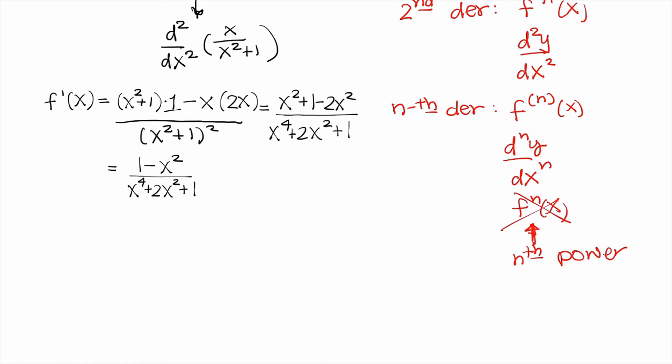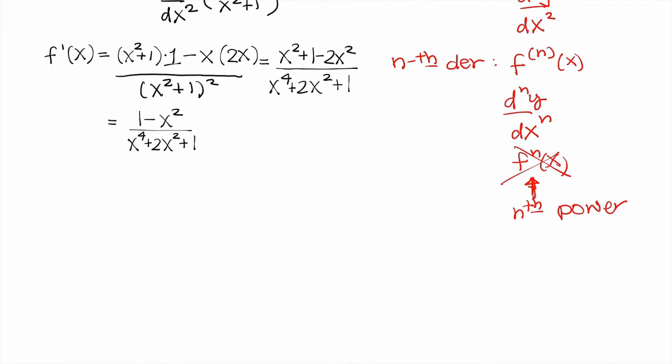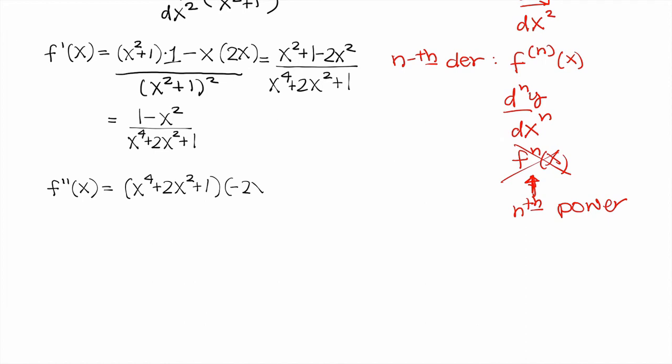And now I want to do the second derivative. The second derivative is the derivative of the derivative. So I have to take this function now and do the derivative of that. So it's going to be the quotient rule again: the bottom times the derivative of the top, which is negative 2x. Again, the derivative of 1 is 0. The derivative of x squared is 2x, but I have a minus here, so that's where that comes from.